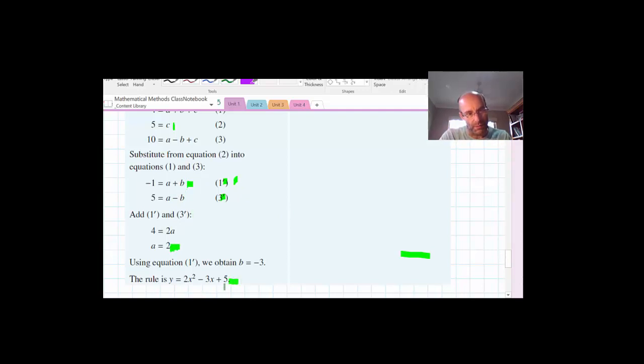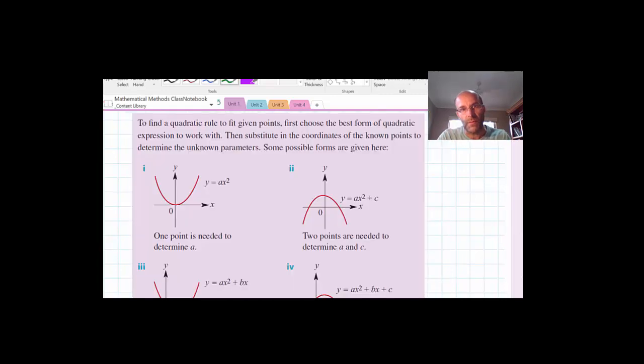Once you know that, you can use one of the equations to work out the total rule. Now this relies heavily on simultaneous equations, something that is a prerequisite from year 10. Simultaneous equations, elimination and substitution.